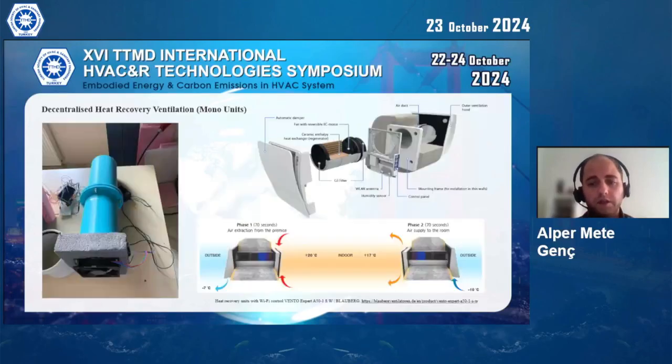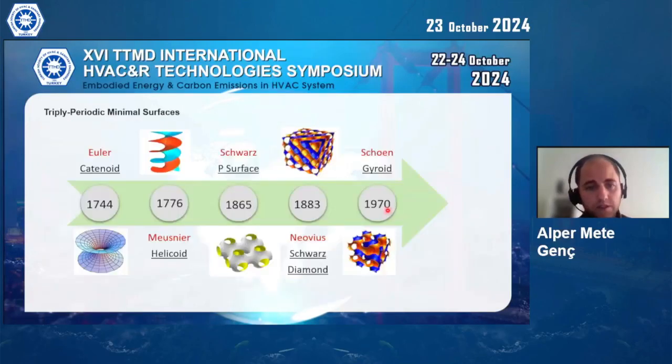Studies on triply periodic minimal surfaces started with the design of the geometry called the Schwarz primitive surface, which was created in 1865.